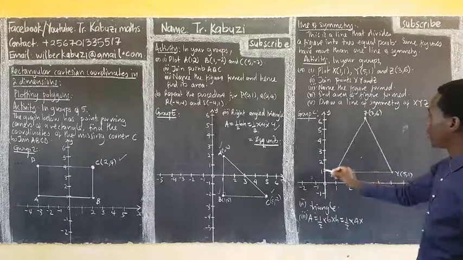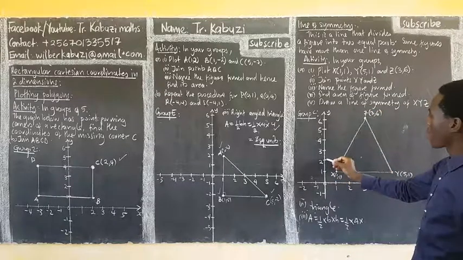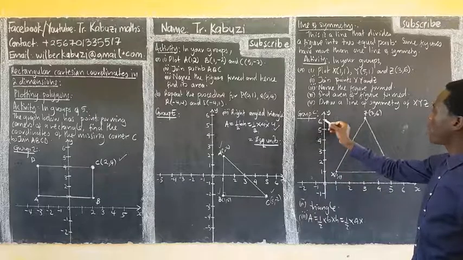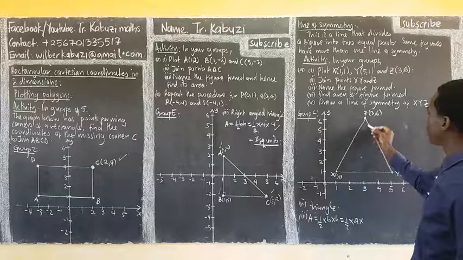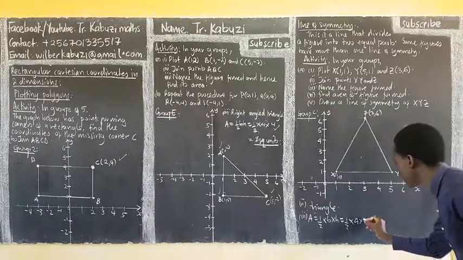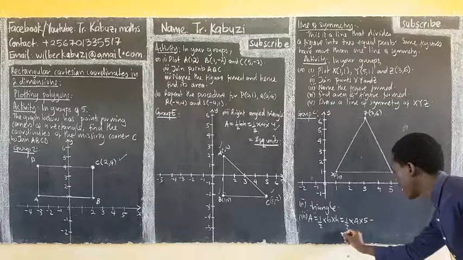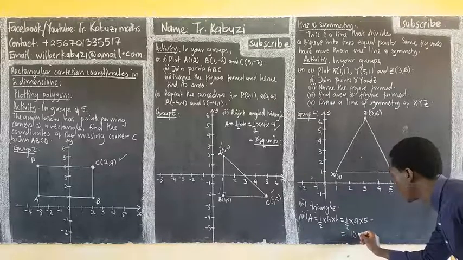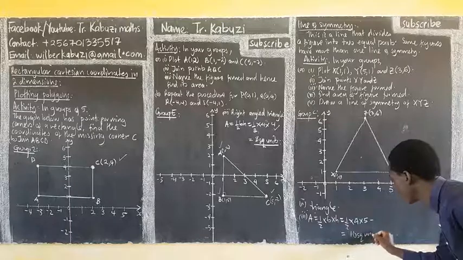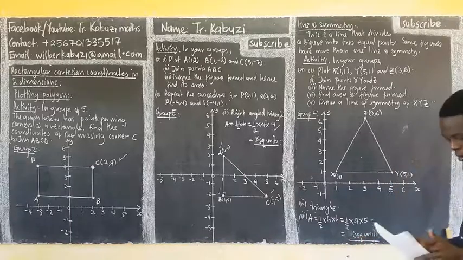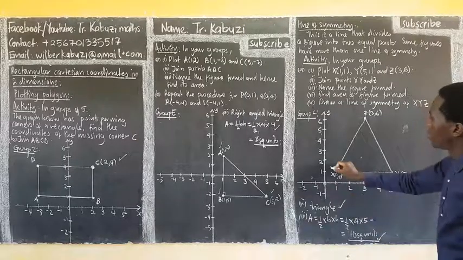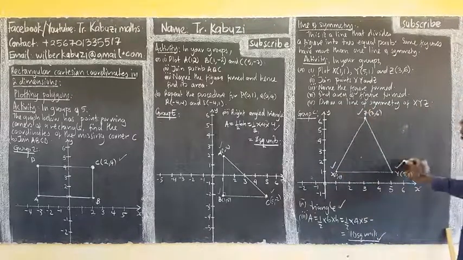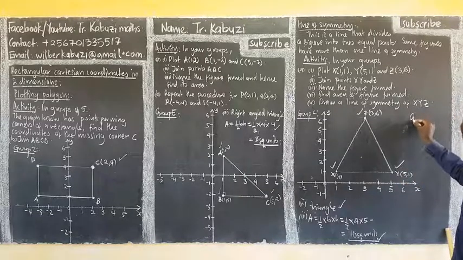So we count using this: 1, 2, 3, 4, 5, up to this point. So this is 5. And when we get the answer, we get 10 square units. Yes, 10 square units. This one got it right. This one is also right. Plotting is a mark. Then this is also a mark. Then this is group C.